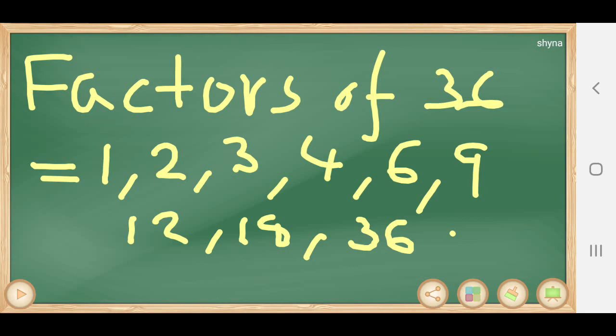Factors of 36 equal to 1, 2, 3, 4, 6, 9, 12, 18, 36. Okay.